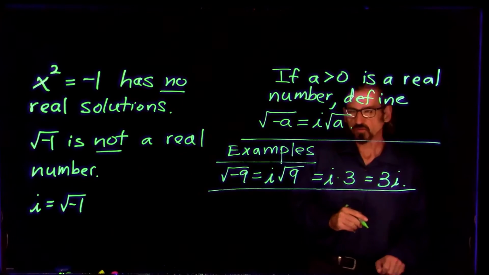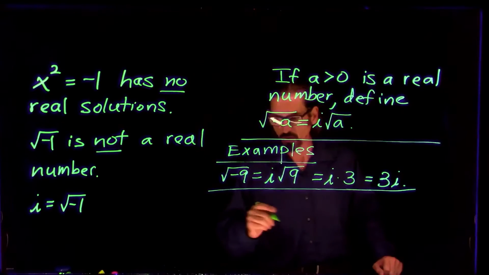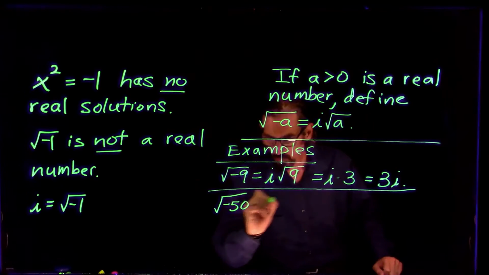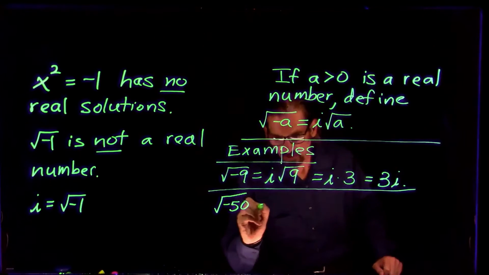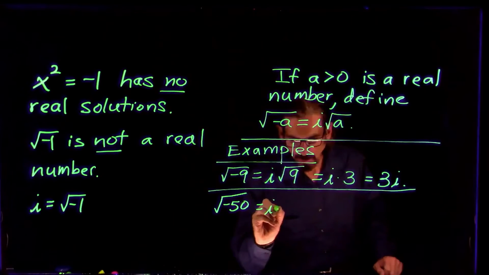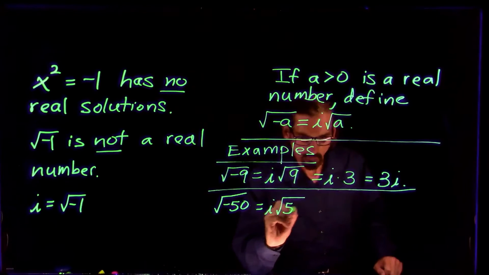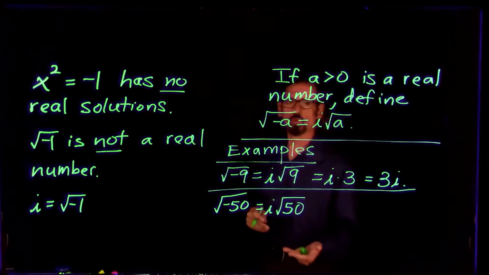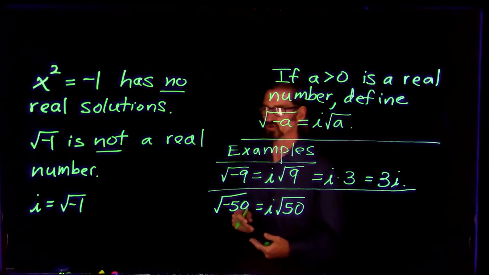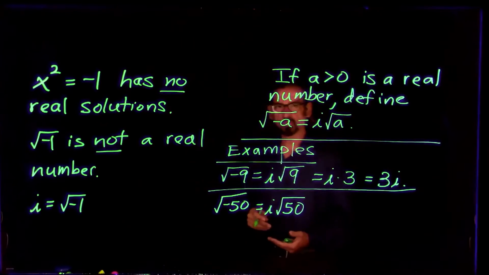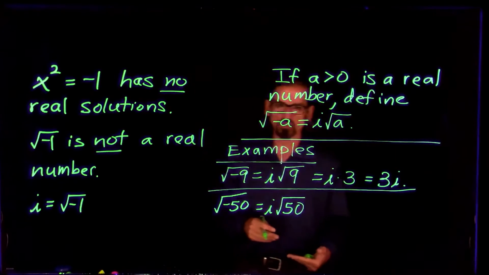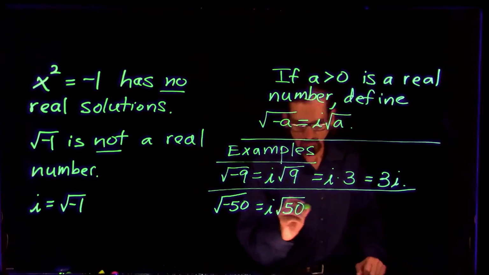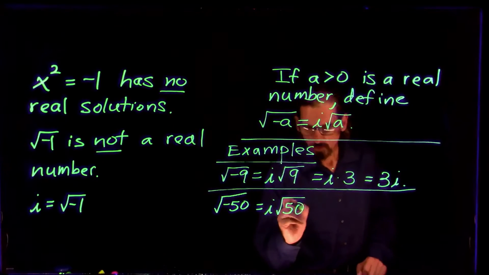If we're going to simplify the square root of -50, then by the definition, that would equal i times the square root of 50. Now 50 is not a perfect square, but using what we've developed in previous sections, we do know that there is a perfect square larger than 1 that is a factor of 50, specifically 25.